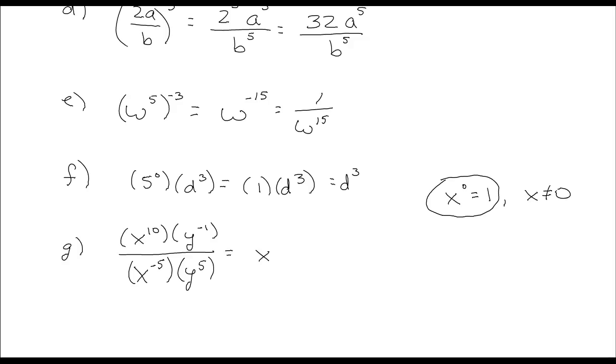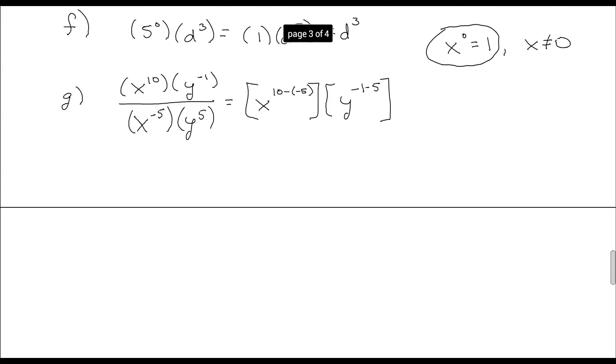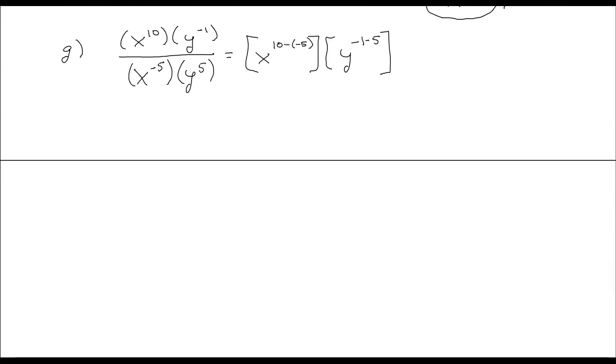So this is going to be x to the power of 10 minus a negative 5, times y to the negative 1 minus 5. Subtracting a negative is the same as adding, so 10 plus 5 to get 15. And then for y, negative 1 minus 5 is a negative 6.